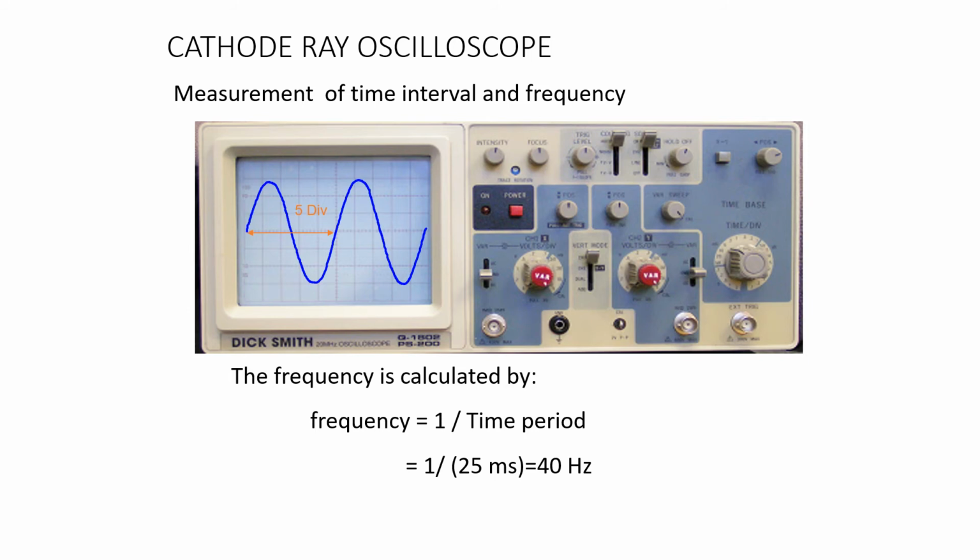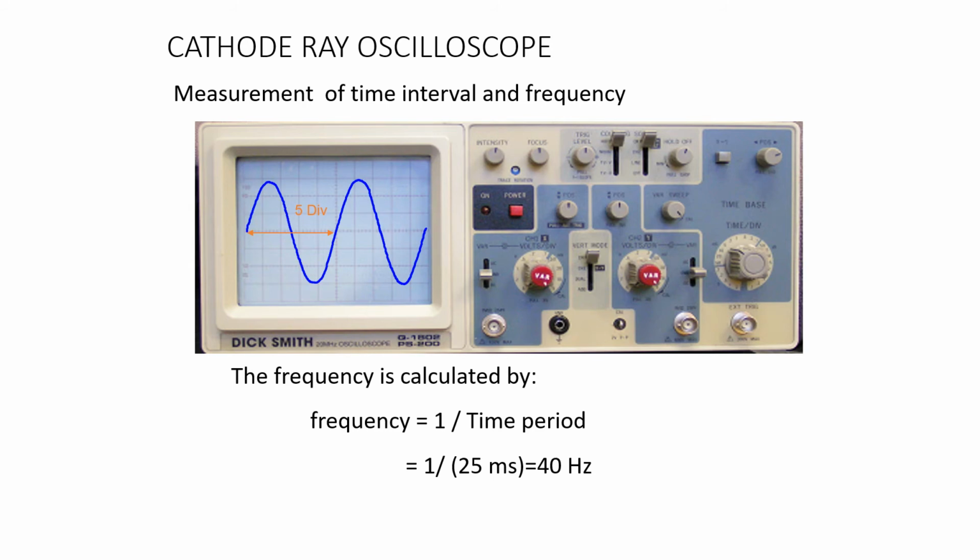Next, to measure the DC voltage of a signal applied, put the switch in DC position. First you put the switch in ground position, adjust the reference line to be in the center. Next you put the switch in DC position, apply the DC voltage to be measured. The reference line shifts either up or down.